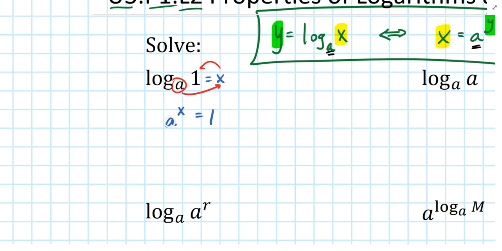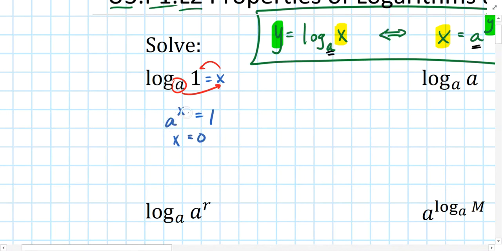Now here again, I don't know the base value here, but it will be some number. And I'm asking myself, if I had some number raised to some power and the result had to be equal to 1, that looks kind of familiar. And I think I remember that any base to the power of 0 always equals 1. And that would be a true assumption, if you could recall that as well.